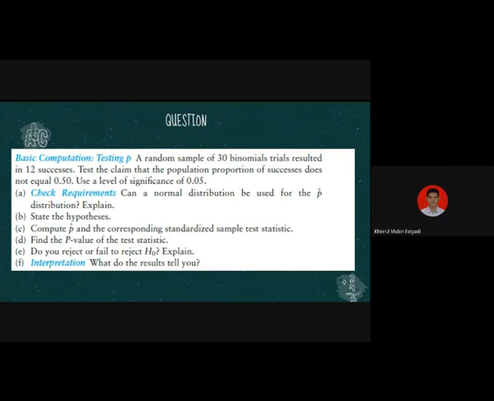Excuse me, Upi. I have sent my answer to your WA. Can you share screen my answer?